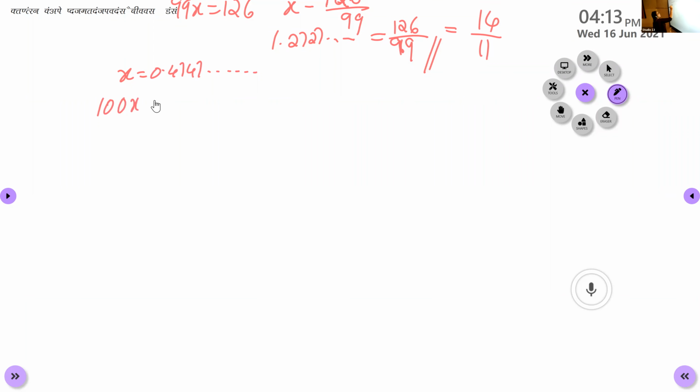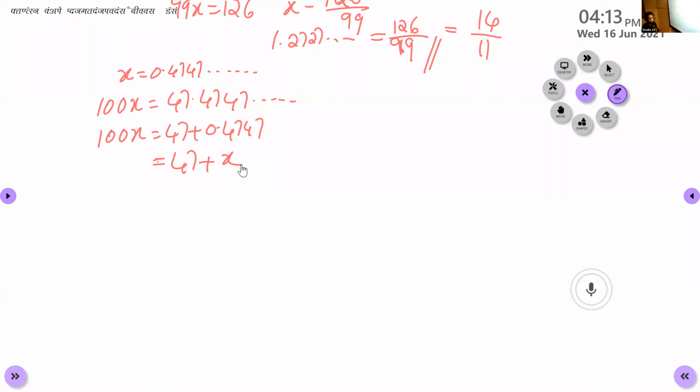So 100x equal to 47.4747, etc. 100x equal to 47 plus 0.4747, etc., which is equal to 47 plus x. 100x minus x.